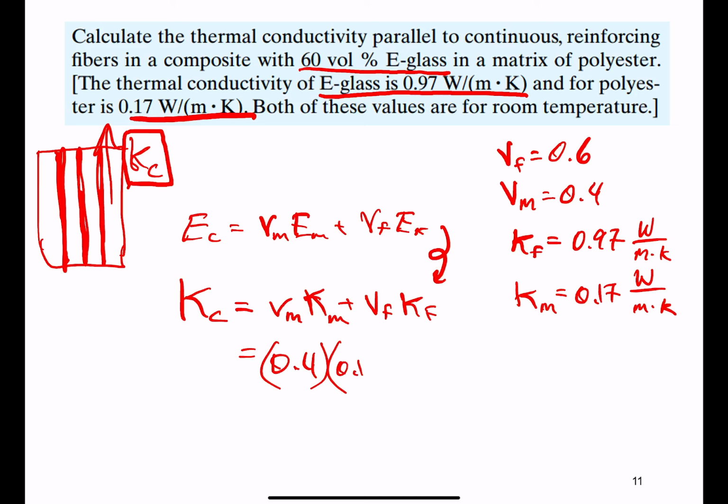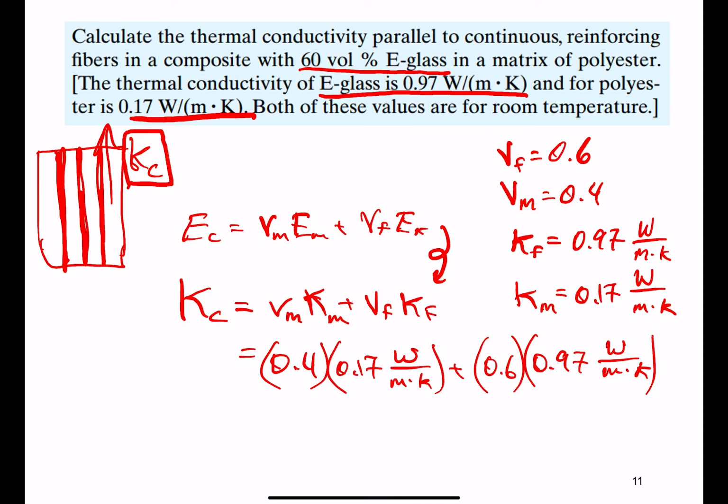Okay, so with that, we'll go again with the 0.4 modifier on that of the matrix polyester. So that was the 0.17 watts per meter K added to now the 0.6 coefficient out front of the value for that of the fibers at 0.97 watts per meter K. Okay, and after summing that, we'll end up again with units that make sense, inherited from the two values we had.